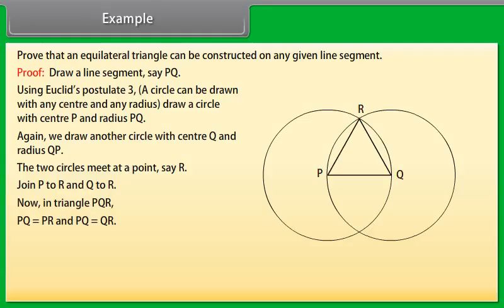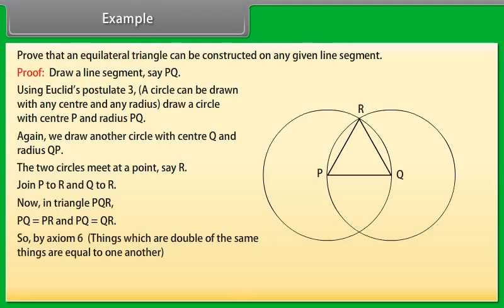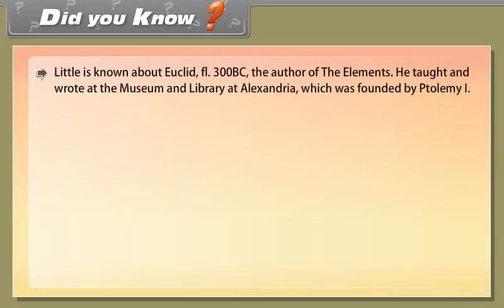Example. Let's solve an example now. Prove that an equilateral triangle can be constructed on any given line segment. Draw a line segment, say PQ. Using Euclid's postulate 3, which says that a circle can be drawn with any center and any radius, we draw a circle with center P and radius PQ. Again, we draw another circle with center Q and radius QP.